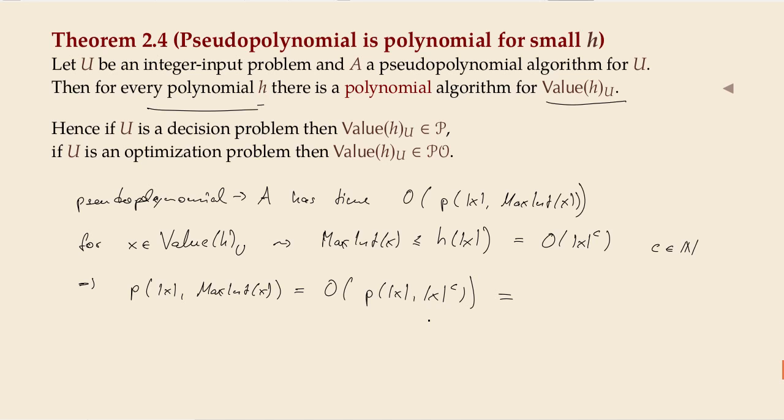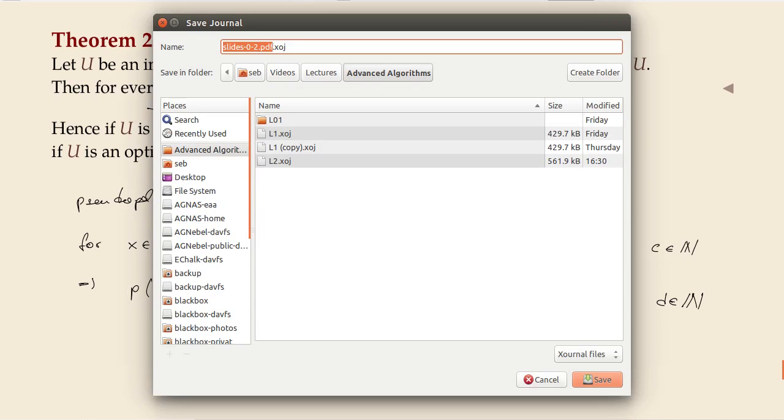I mean, just by inserting it's clear. That's for some d, a bit larger depending on the degree of h. So this is again a polynomial, so A has polytime.